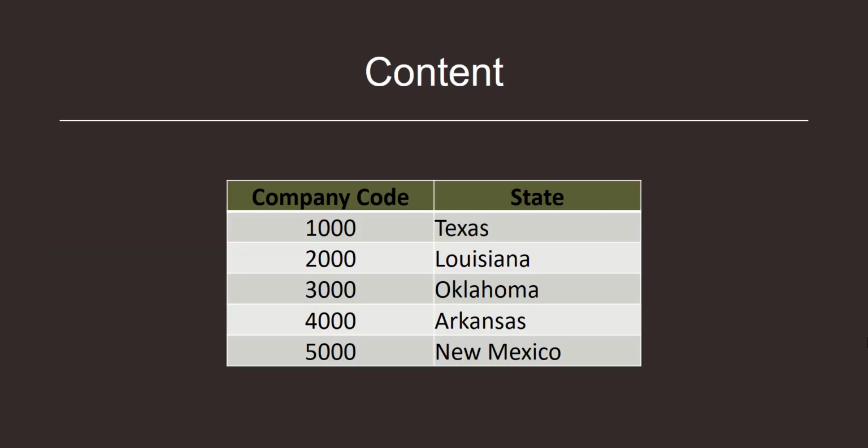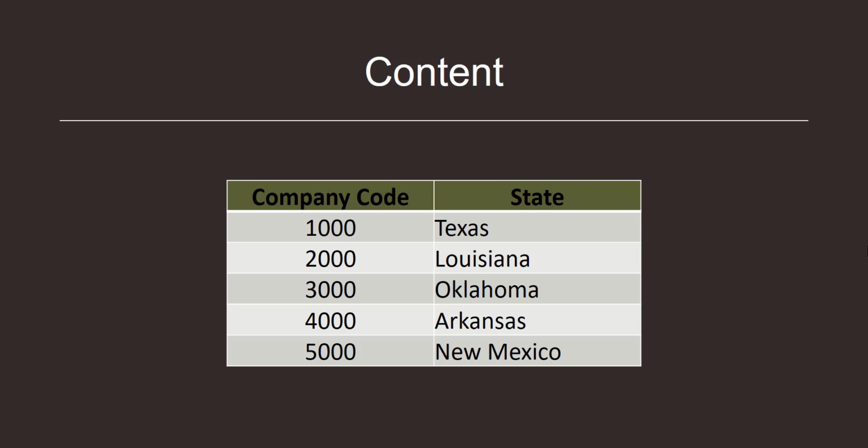For example, if I want all customers between 1,000 and 2,000 to be labeled as Texas customers, maybe that's the coding convention I've used, then I can set up a table like this. And I maybe want all customers from 2,000 to 3,000 to be labeled Louisiana, 3,000 to 4,000 Oklahoma, and so on.